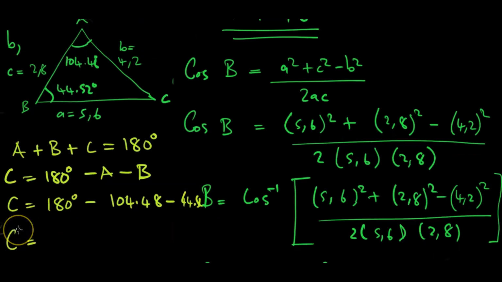Saka c ngeri equal to, computing this, it's 180 subtracting 104.48 subtracting 44.52. Is it? Yes. Saka c turikuwana iri 31 degrees.